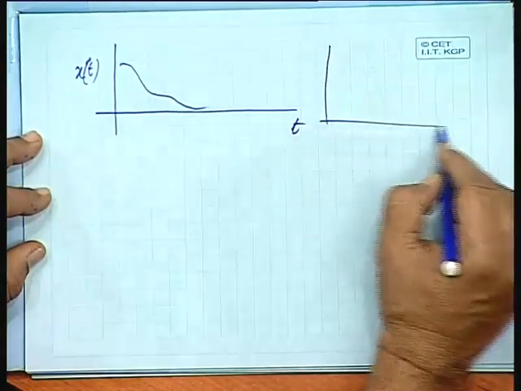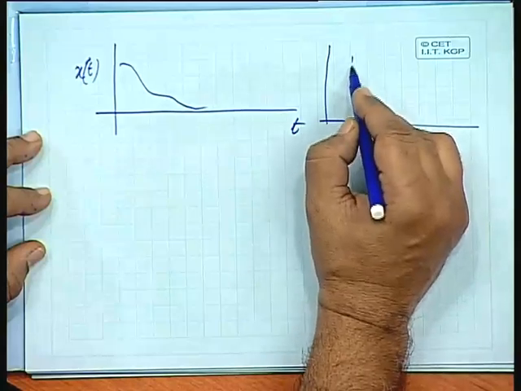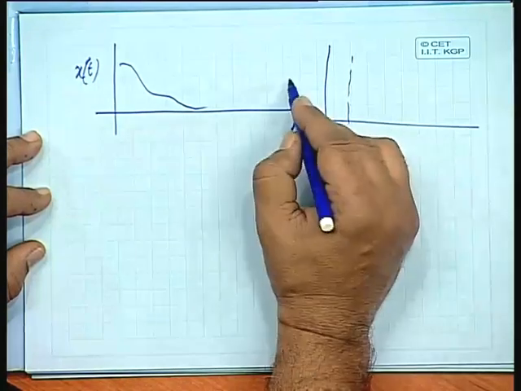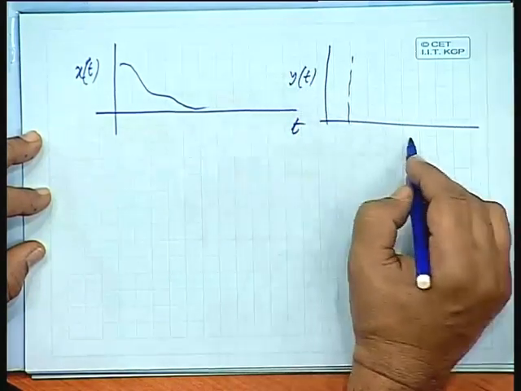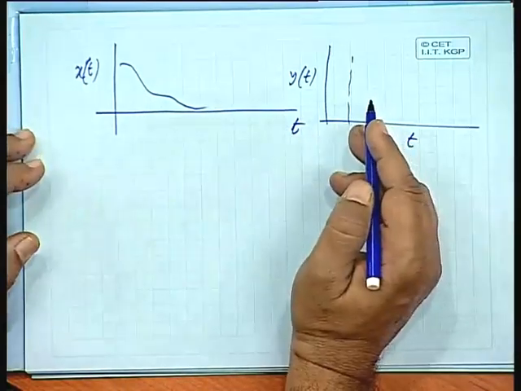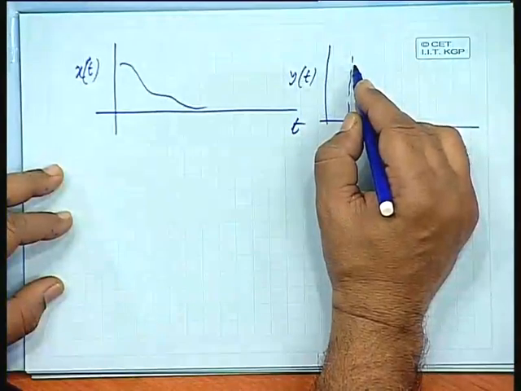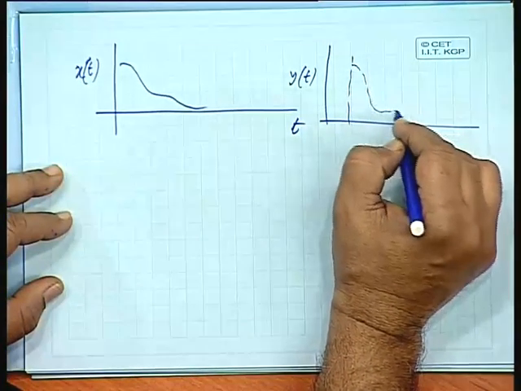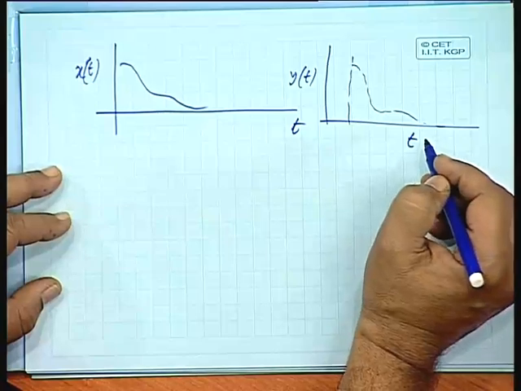If you want a faithful reproduction of this as an output, obviously the system will not respond immediately. System cannot respond immediately. So there can be a delay, but after that I want the same output.